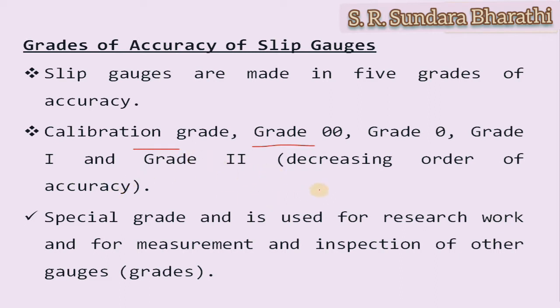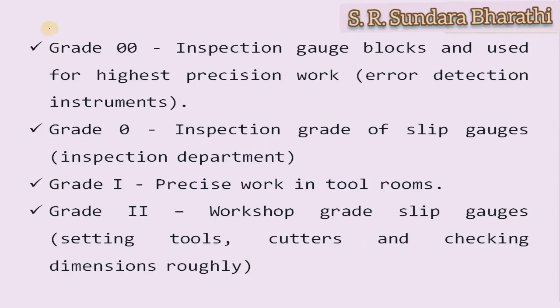The accuracy decreases from the top. The special calibration grade is used for research purposes and for calibrating other instruments. Grade 00, the inspection gauge blocks, is used for the highest precision work. If you need to produce the highest quality precision jobs, you have to prefer this grade.